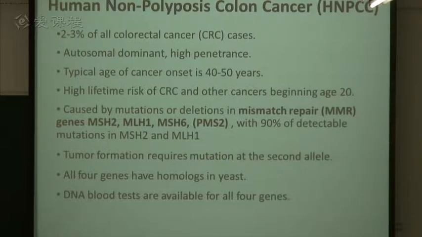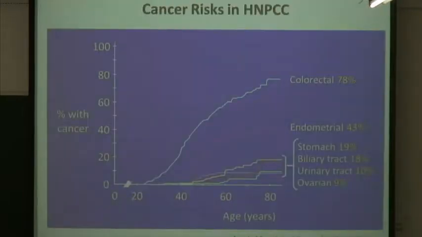Also, tumor formation requires mutation at the second allele. That's why a lot of people classify the third category of genes, the DNA repair genes, into tumor suppressor genes. And blood tests are available for all these four genes.